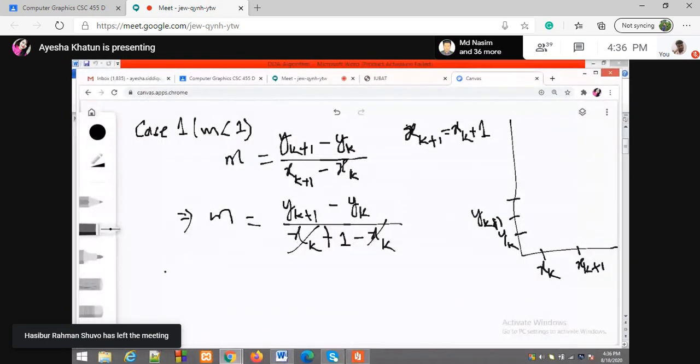So if we do the cross multiplication, so m into this, right?